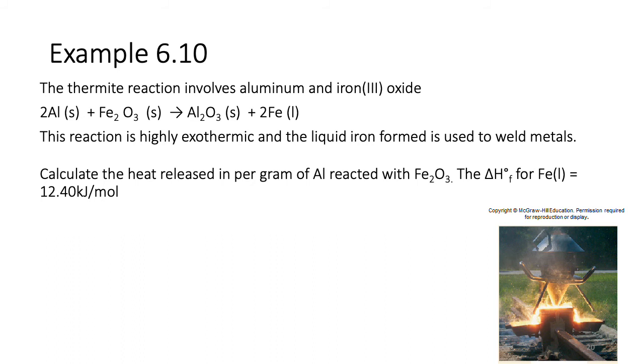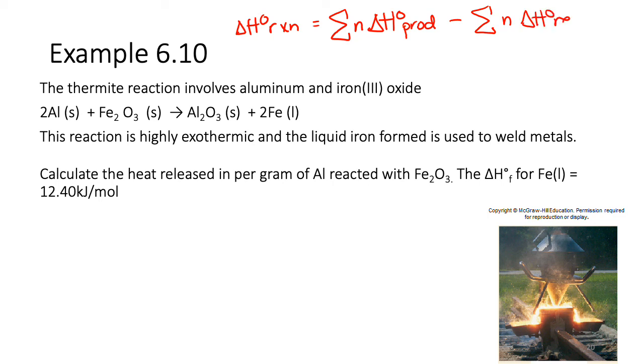In this equation, delta H naught of reaction is going to equal the sum of the moles times delta H naught of products minus the sum of the moles times delta H naught of reactants. That is going to be your approach. You have to go to the back of the book to appendix number 2. For some of the older editions, it's going to be appendix number 3.